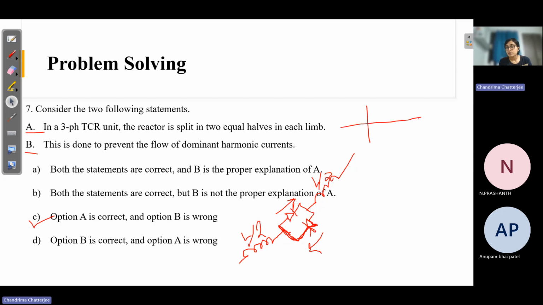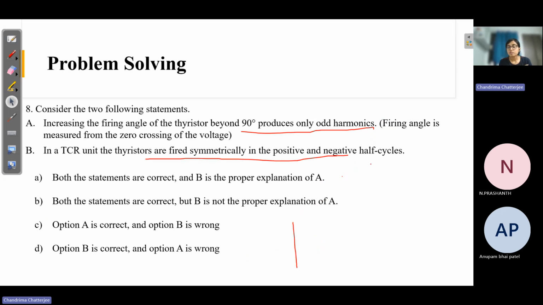Even though the currents may be discontinuous, they are symmetric over one half cycle. The duration here and the duration here will be same. So only the odd harmonics are produced, even harmonics are cancelled. That's why both the statements are correct and B is the proper explanation of A.